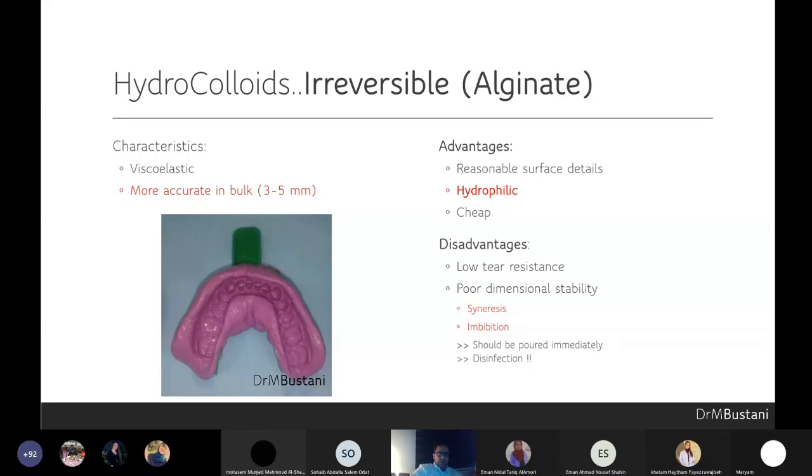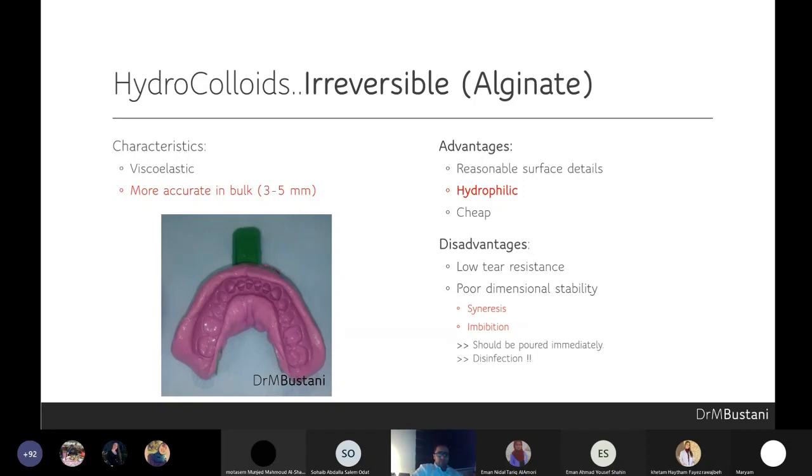The other characteristic is viscoelastic, meaning that it can record undercuts, but at the same time it will deform a little bit more than a proper elastic material.